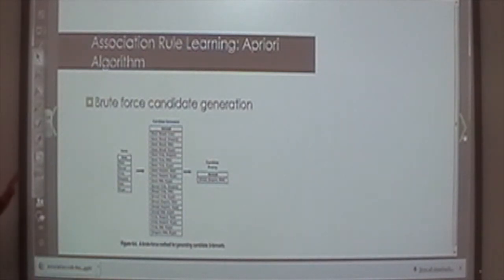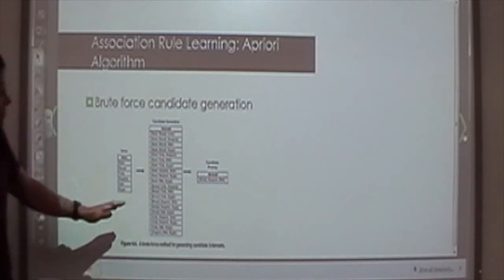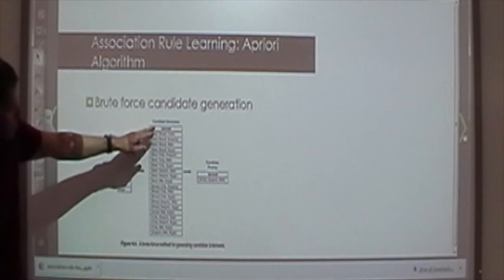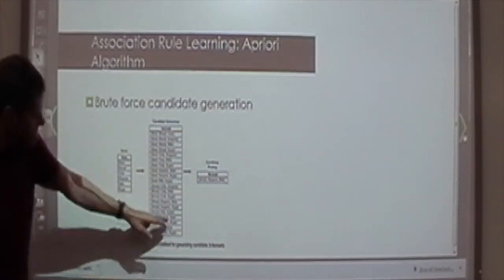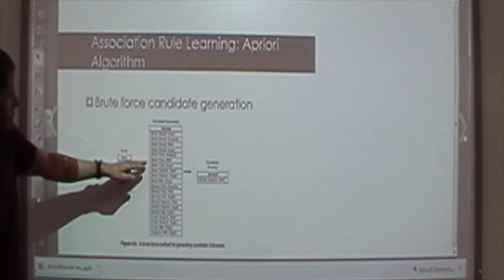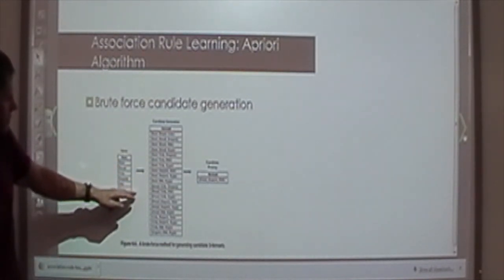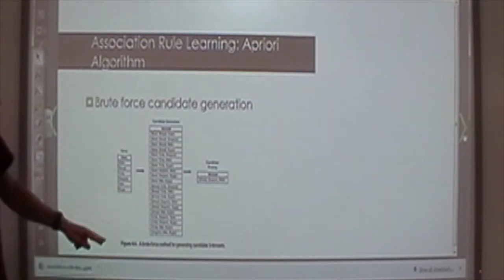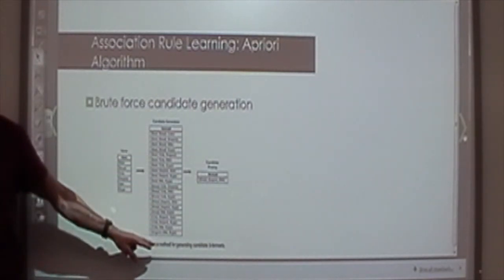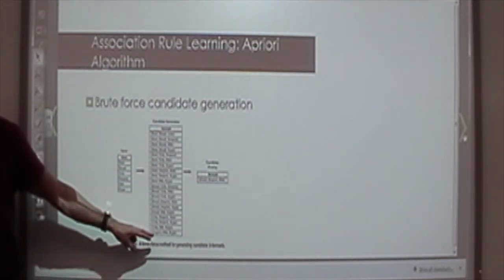And we want to generate, in this case, all of the subsets of size 3. And there end up being 20 right here. 6 choose 3.